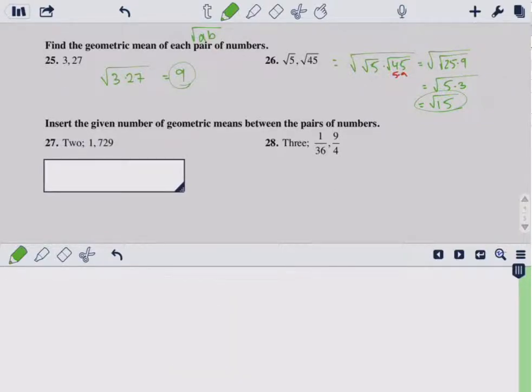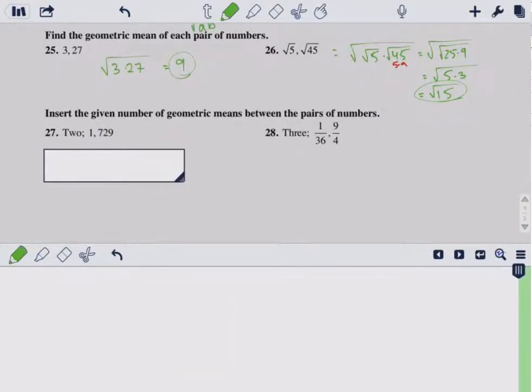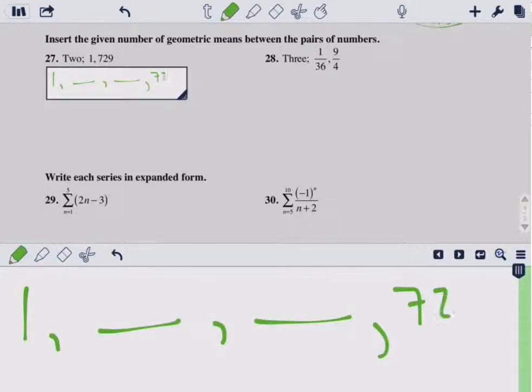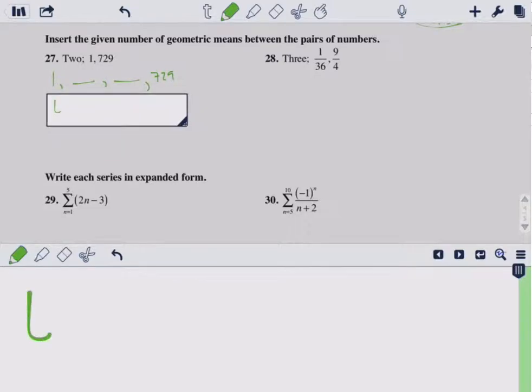Okay, insert the given number of geometric means between the pairs of numbers. Well, 1 and 729, we want 2 of them. It tells me t sub 1 is equal to 1, and t sub 4 is equal to 729.